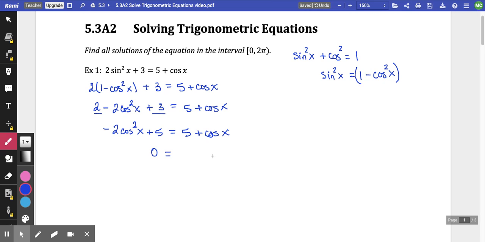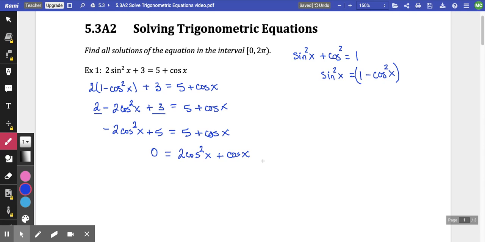So I'm going to do that by adding 2 cosine squared to both sides. So that would give me a +2 cosine squared of x on the right. I'm going to subtract 5 from both sides. When I do that, both of the 5's disappear. And then on the right side, I already had a plus cosine of x.